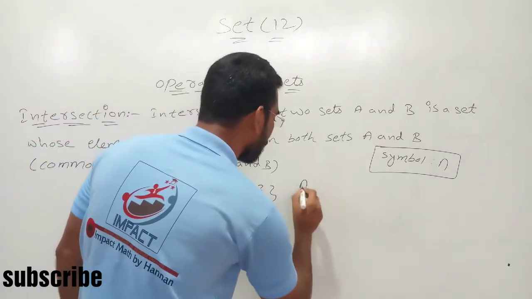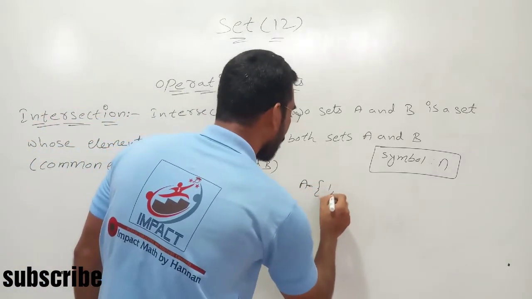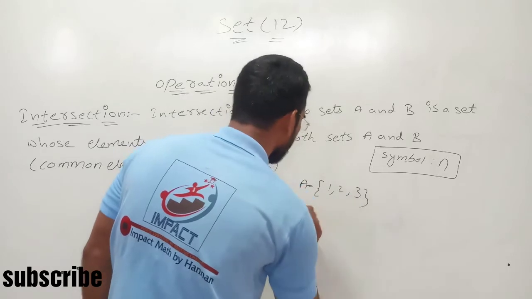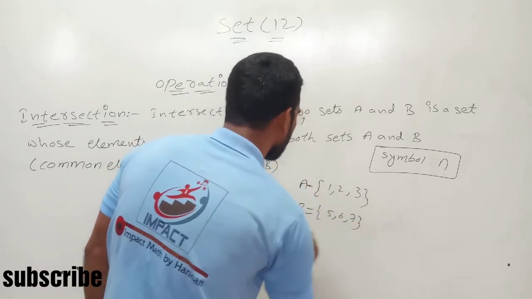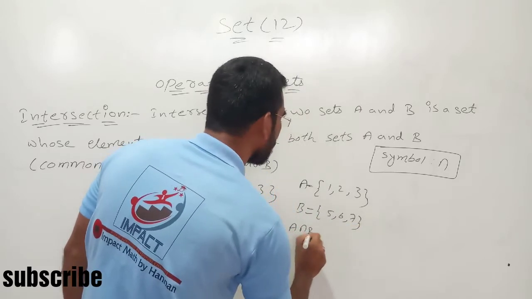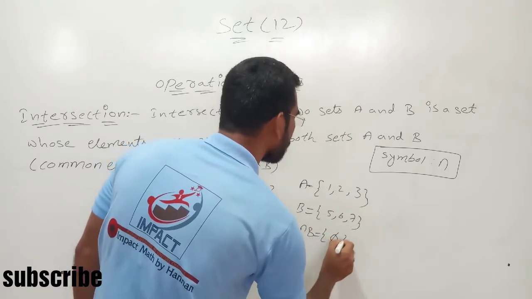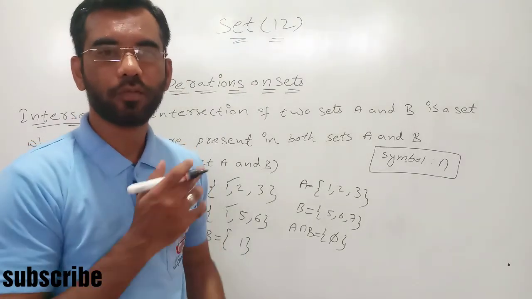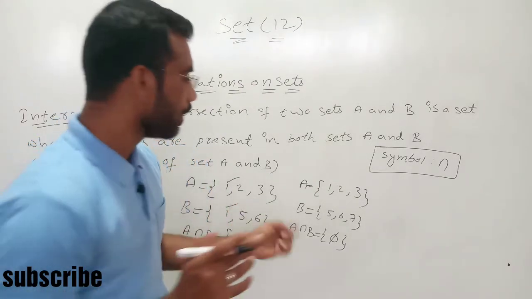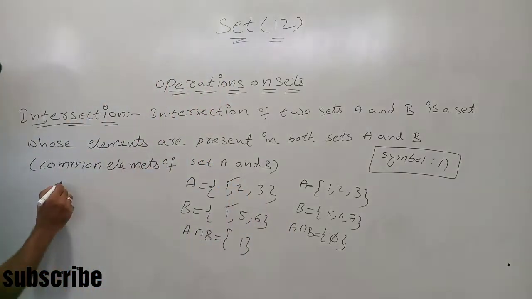Suppose if it is given A is equals to 1, 2, 3 and B is equals to 5, 6 and 7. So A intersection B is equals to null set. There is no common element, so it will be null set. Okay. Now one more we will take.